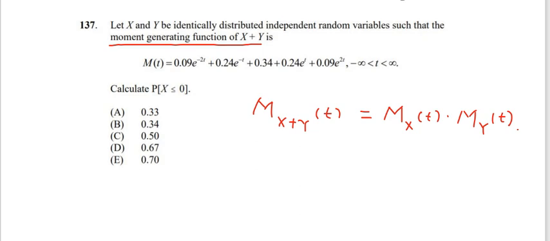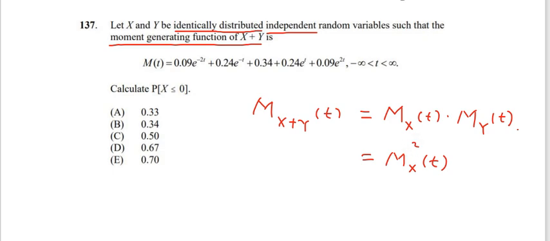Okay? And this x and y are identically distributed, also independent. So this means it equals M_X(t) squared.